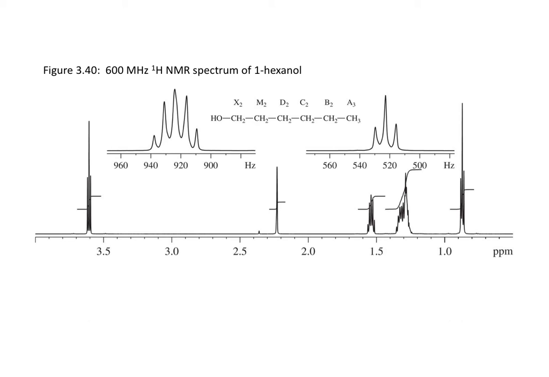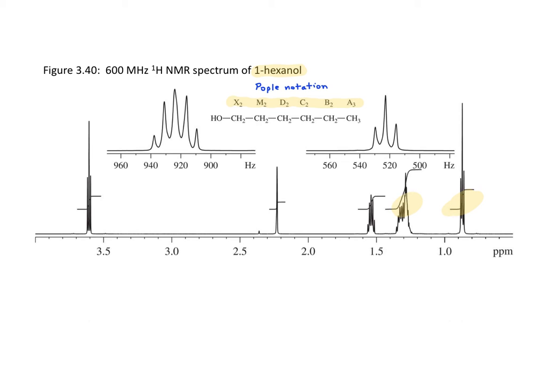This slide shows the spectrum of 1-hexanol. This spectrum is integrated, and so this actually provides a lot of additional information. What is shown at the top is Pople notation, and for the alkyl groups that are distant from the hydroxyl group, A, B, C, and D represent chemical shifts that are close together.